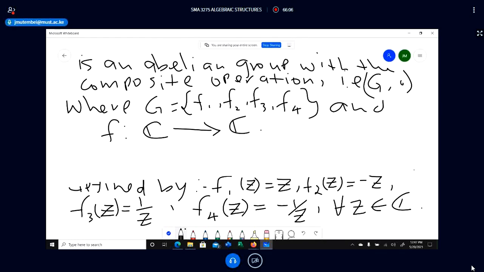So we want to show that this is an abelian group.